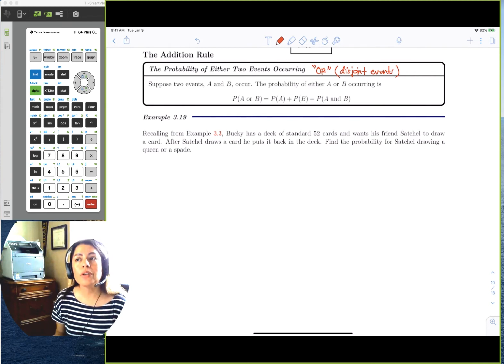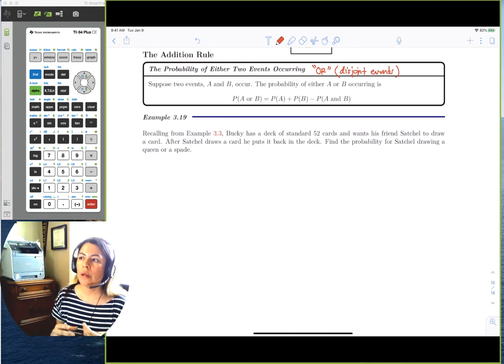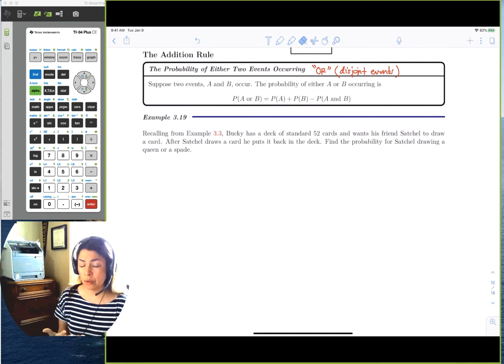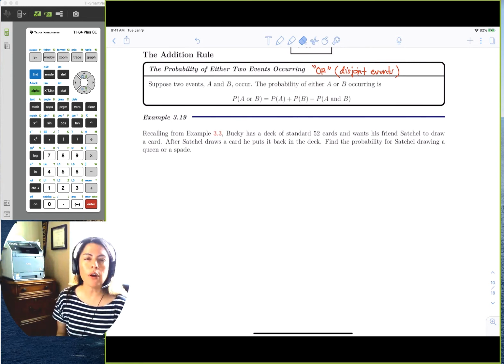But what happens when there is an overlap of outcomes? Remember the queen and the hearts and the queen of hearts, and we did a Venn diagram? Well, what happens when we have an overlap? So this is going to be our general addition rule, and essentially we can always use this rule for any cases, whether they're disjoint or not disjoint.